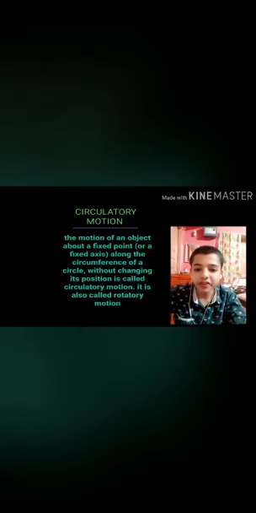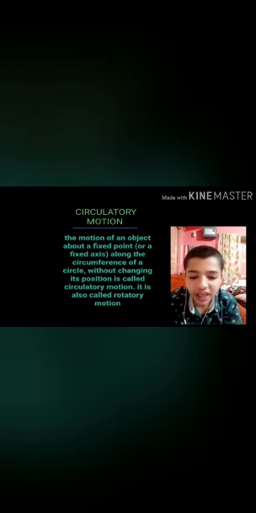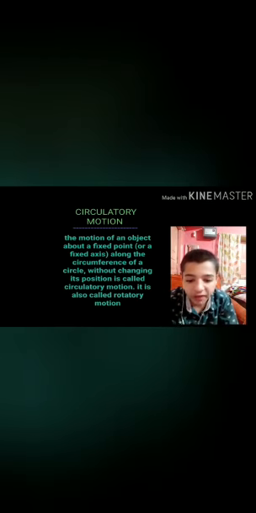Now I will start circulatory motion. The definition of circulatory motion: the motion of an object about a fixed point along the circumference of a circle without changing its position. Suppose there is a rotatory object, a potter's wheel or a fan.